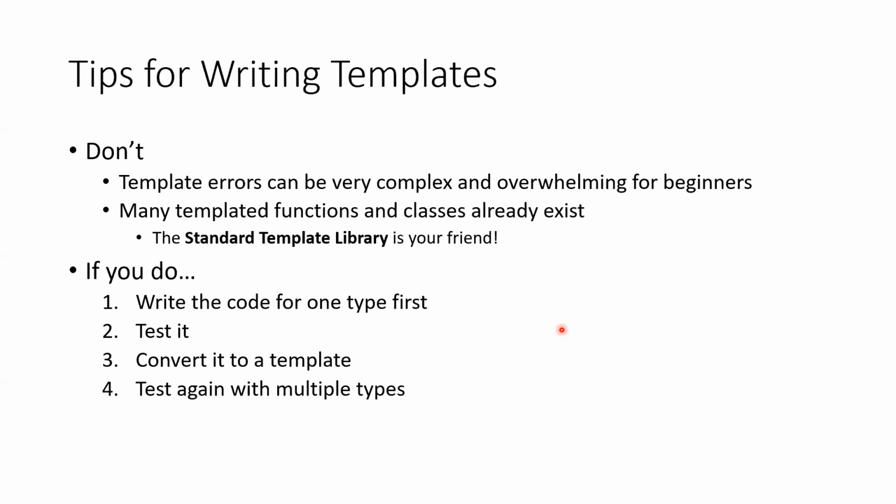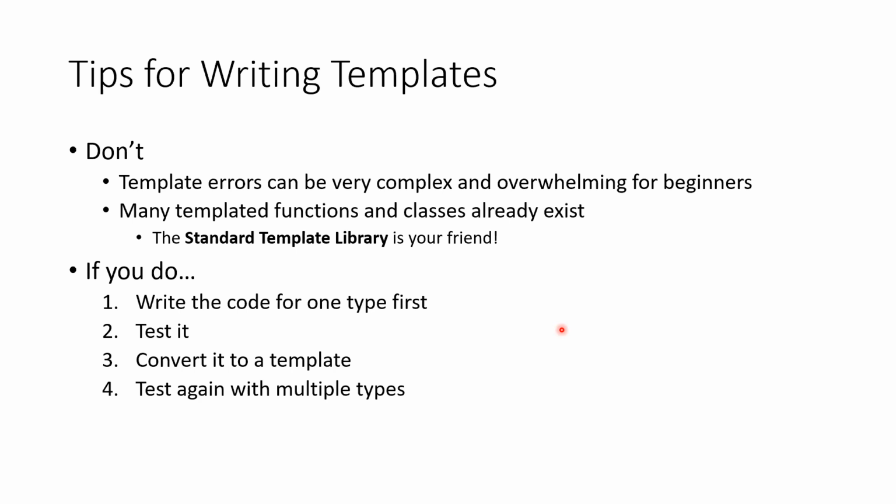Let's continue. So the tips for writing templates is first, don't write templates by yourself. And in this course, you won't need to write it for the most of the times. You will be using them written by other people in the standard template library.